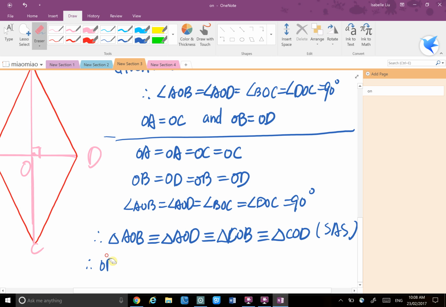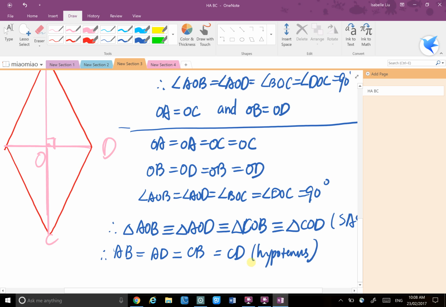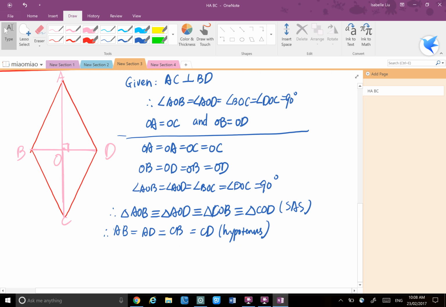So AB equals AD equals CB equals CD, they are all the hypotenuse and they are the corresponding sides. So ABCD is a rhombus.